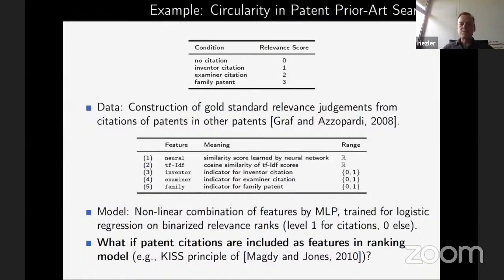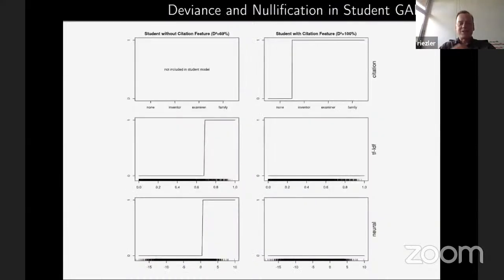They call it the KISS principle. It's the keep it simple and straightforward principle. So if we have the information about citations, let's include them in the model and improve the results. Of course, what you will get if you do that is not a better model. What you will get is the following.